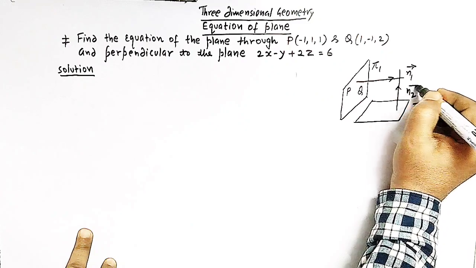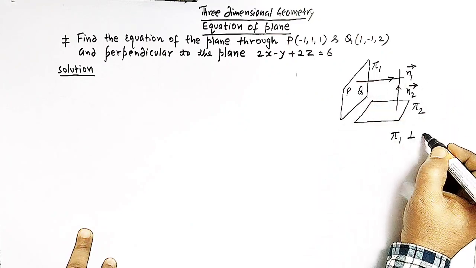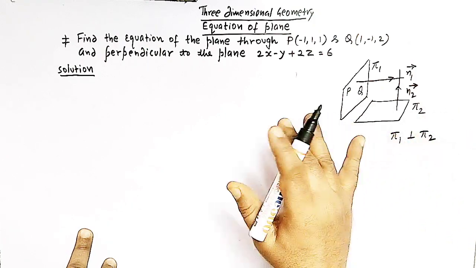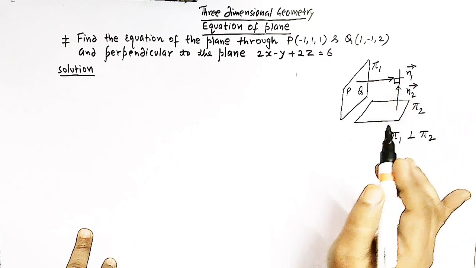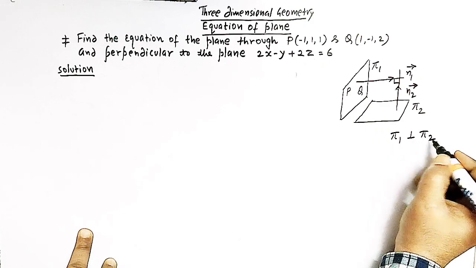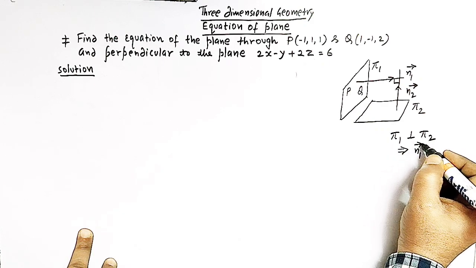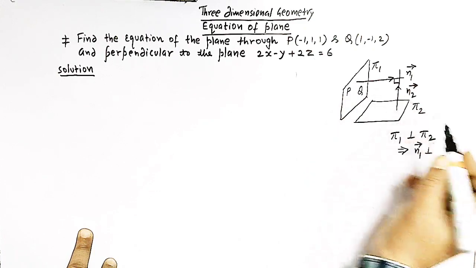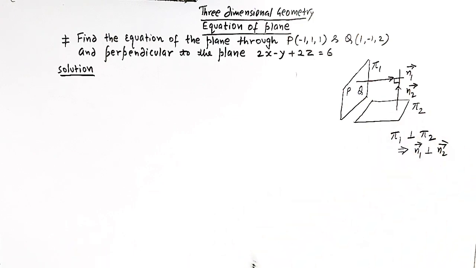So here this plane pi 1 is perpendicular to this plane pi 2. So when two planes are perpendicular to each other, then their normal vectors are also perpendicular to each other. So pi 1 perpendicular to pi 2 implies that the normal vector n1 to this plane pi 1 is perpendicular to the normal vector n2 that is to the plane pi 2.